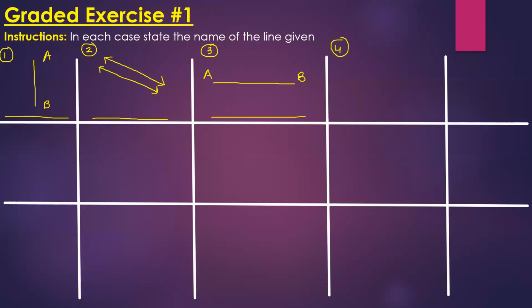So number 4, yeah, let's do this. So number 4, we have a little box here, right? And at the bottom, I want you to tell me what type of line do we have? Number 5.